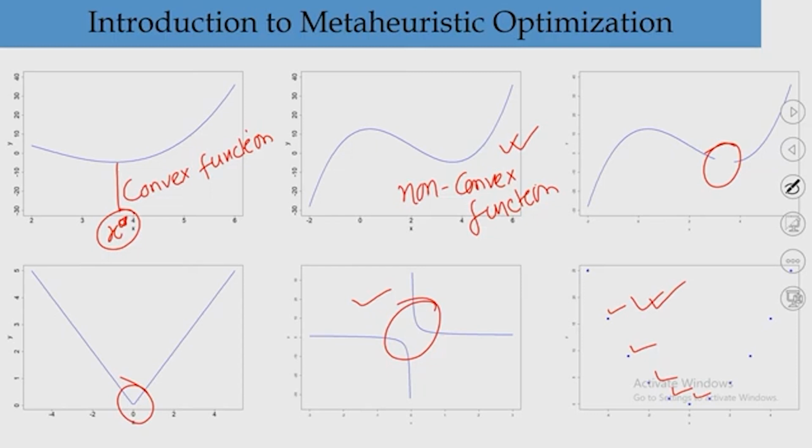You will not be able to apply the gradient based classical optimization technique for finding the optimal solution of this particular problem, because it is discrete in nature. Either you get this solution, or this solution, or this solution. There is no solution in between. Therefore, you will not be able to apply gradient based classical optimization.